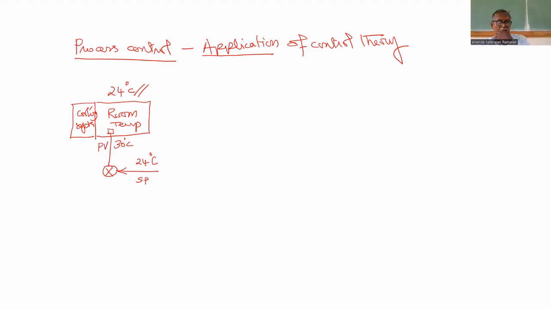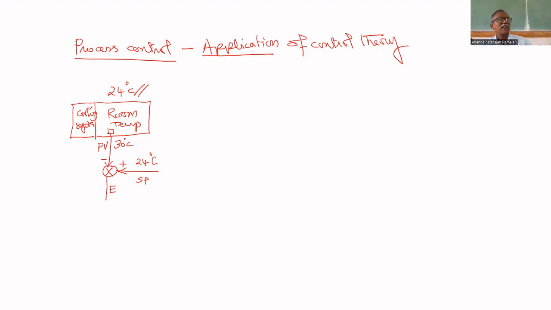We have to find the difference between set point and process variable. That is called error. You will get error if you subtract the process variable from set point.